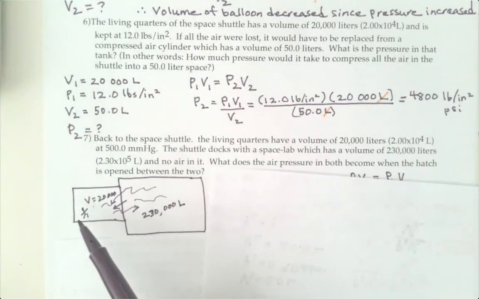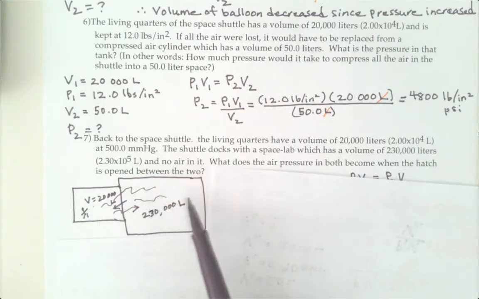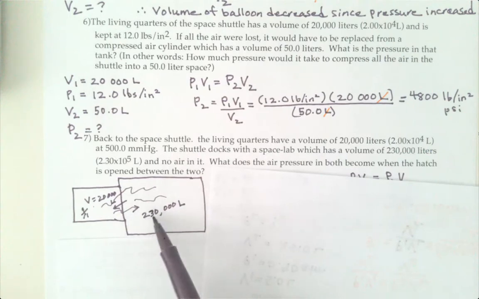You are going to then dock with a bigger space lab that has a volume of 20,000 liters of space, okay? So it has no air in it. The minute you open up the hatch, the air is now free to move between both compartments. So what does the air pressure become when the hatch is opened?